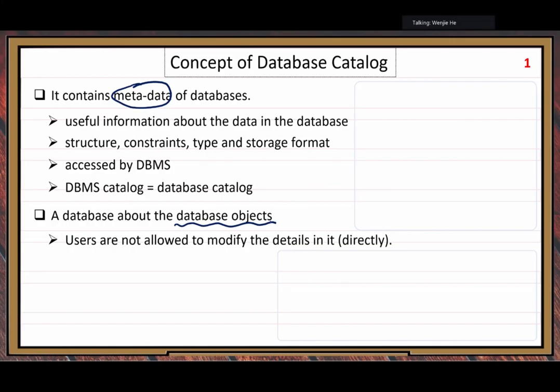We know the data inside the database is stored on the hard drive. But we cannot access the data stored on the hard drive directly, because you will mess up the data. So you have to go through the DBMS using the metadata to access the business data in the right way.